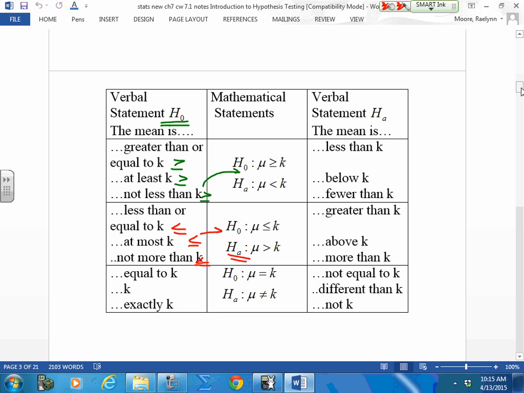It's exactly the opposite. If your statement says equal to, exactly, or just listed as is, this is your hypothesis statement, your null statement. Your alternative, notice, has a not equal to. That's completely the opposite of equal to. Good? This is really, really important.